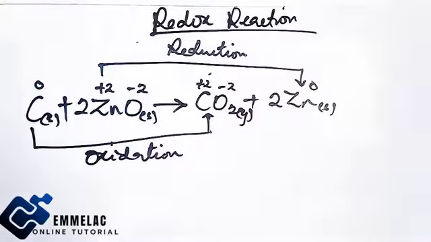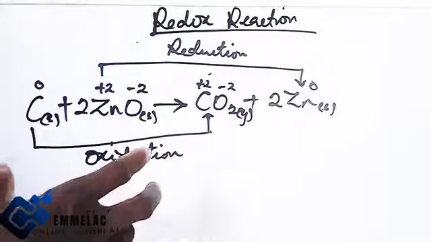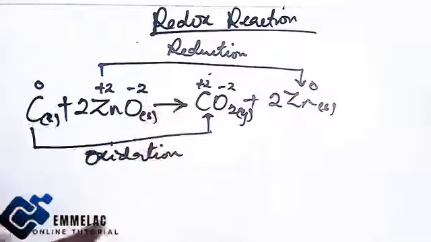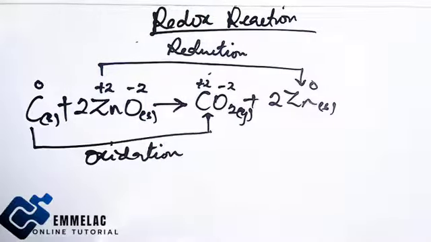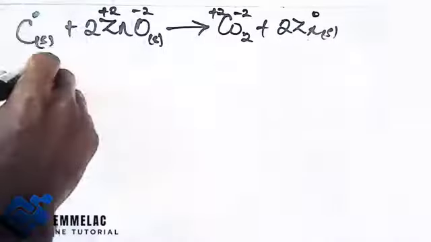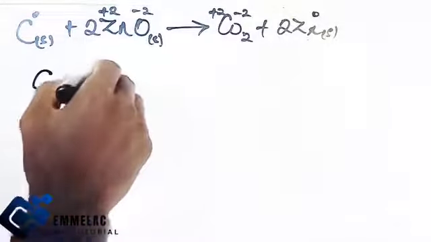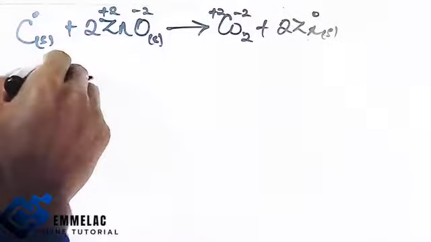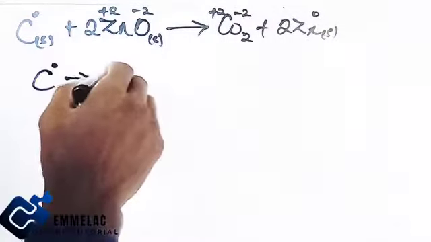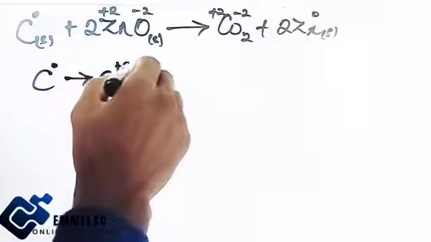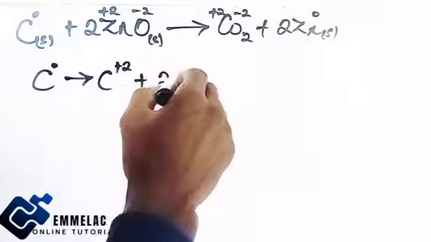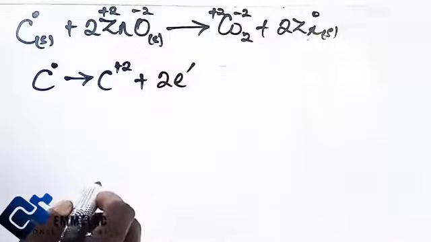All right. So let us write out the half reaction equation for carbon and zinc. Okay, so here carbon 0 gives plus 2, giving out 2 electrons.